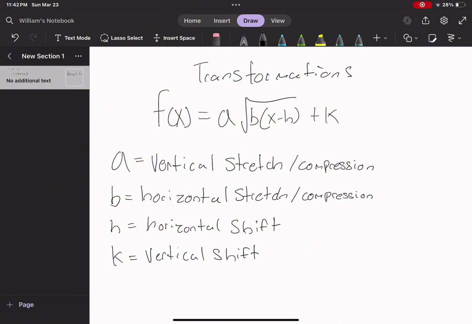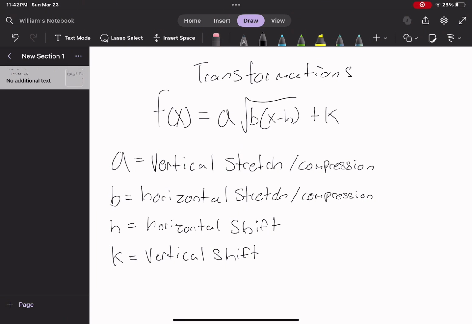Here you can see our a is our vertical stretch or compression. Basically, are we moving towards or away from our x-axis? b is horizontal stretch and compression. Are we moving closer to or away from our y-axis?